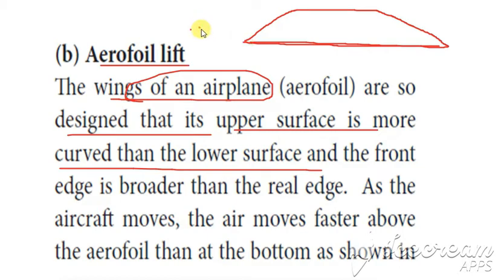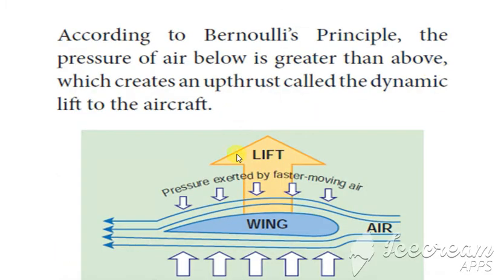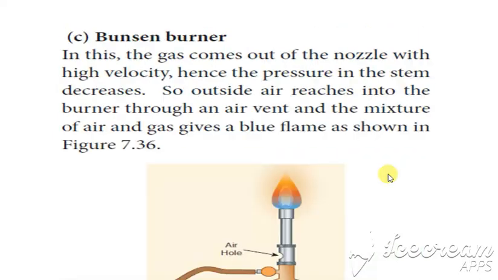When air is flowing, below the wing the pressure will be higher, which is P2, and at the top the pressure is lower, which is P1. Because of this high pressure, it makes the airplane move at a faster rate.